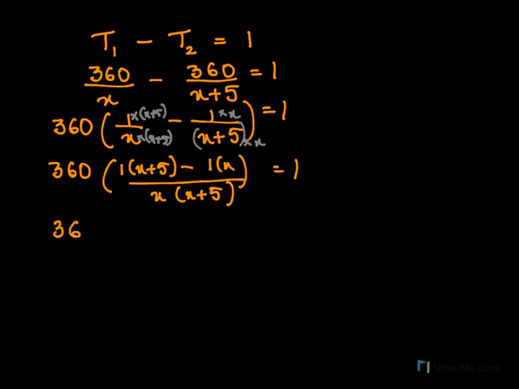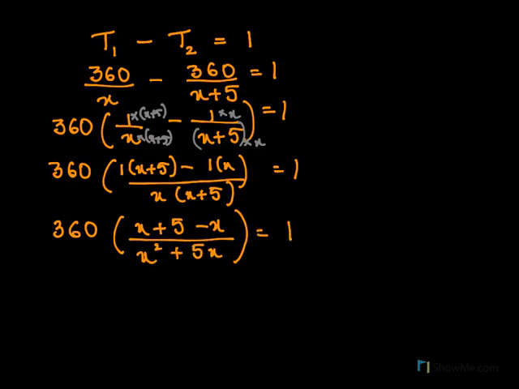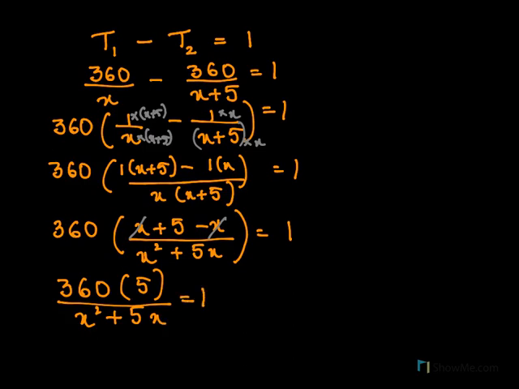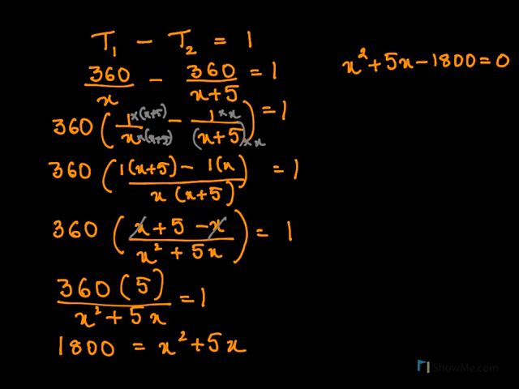So we have 360, open the bracket, x plus 5 minus x, over x square plus 5x equal to 1. So this plus and minus would cancel out. So here we have 360 into 5 over x square plus 5x equal to 1. Now cross multiply, and this is my equation.